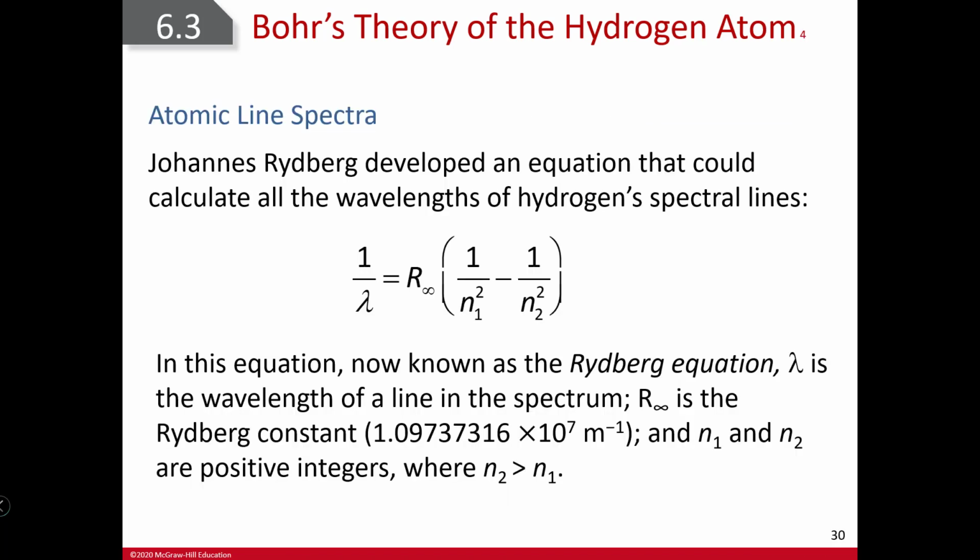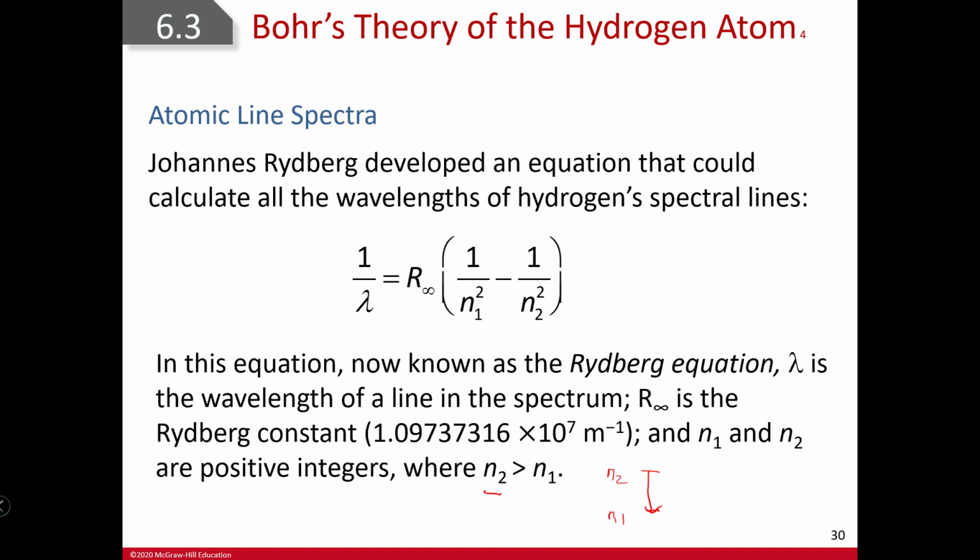So he says that 1 over the wavelength is equal to Rydberg's constant, and then 1 over N1 squared minus 1 over N2 squared, where N2 is always greater than N1. So what he's saying is that for an emission spectra, that means we start at a higher N level and we fall to a lower N level. So N2 is here, N1 is here. The electron has to fall like so.